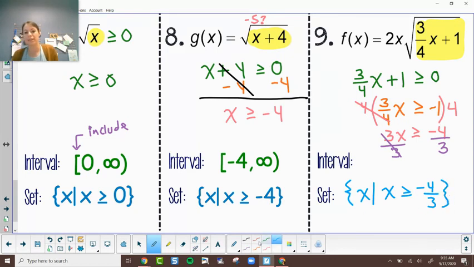And then some braces again, and I'll put the interval, bracket, because I can do square root of 0. So if I try to plug in -4/3, we're going to be fine. And infinity, and you'll see there is that parenthesis next to the infinity. I'm going to fix this 4 right here so it looks a little bit more like a 4, but not too bad. All right, those are domain restrictions.